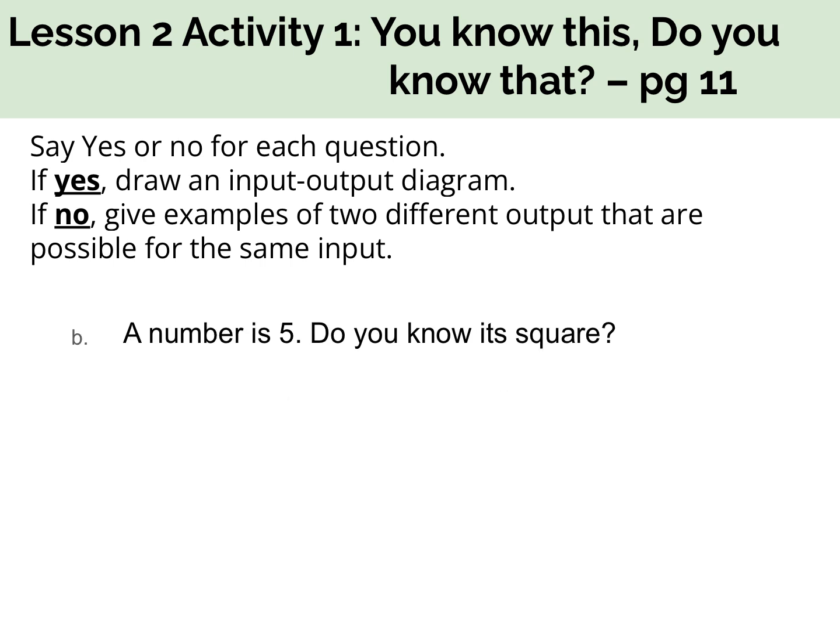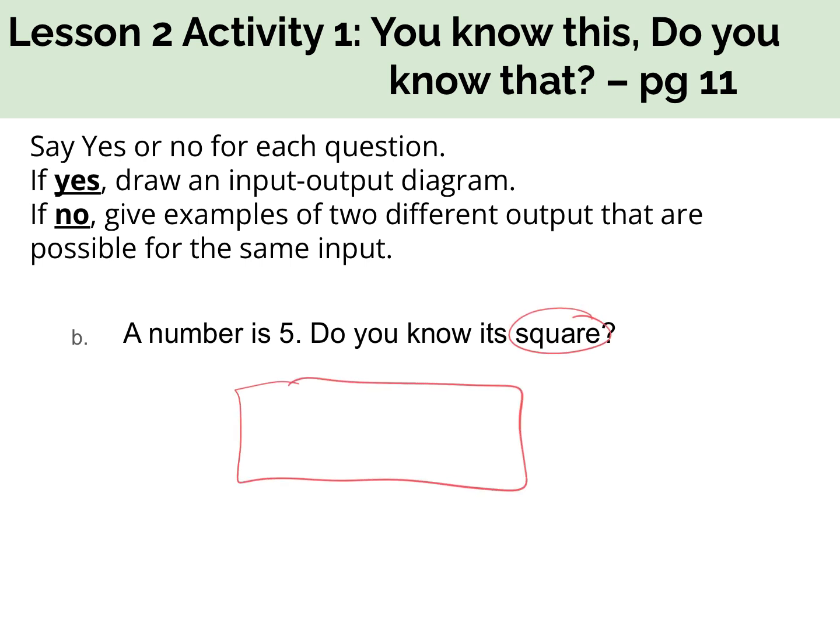All right, let's look, again, still on page 11. We're going to look at B. A number is 5. Do you know its square? So what does that mean as far as the square? Well, what it means is we're going to take the 5 and multiply it by itself.